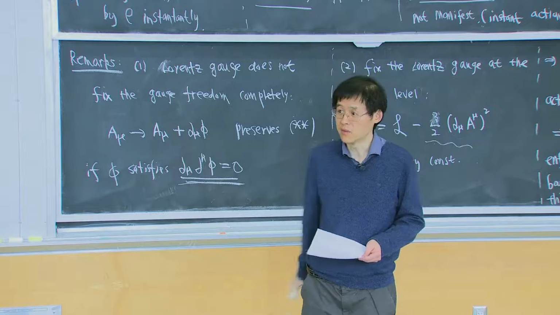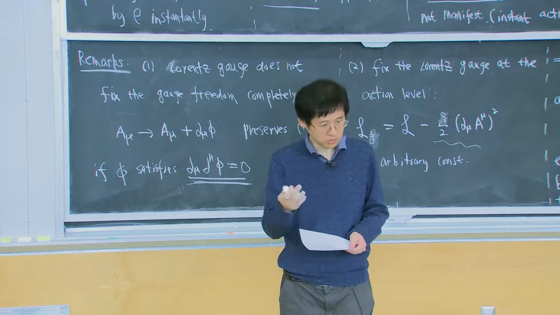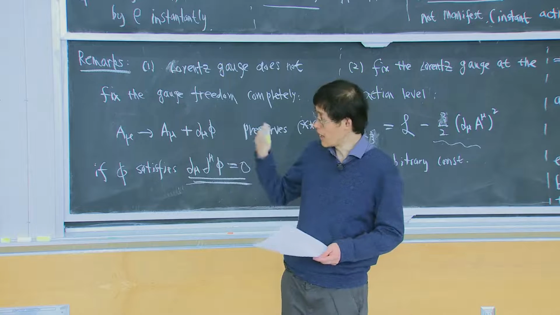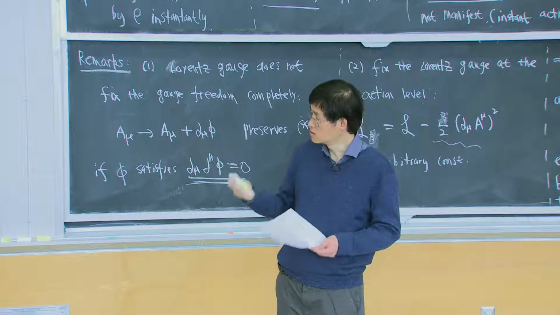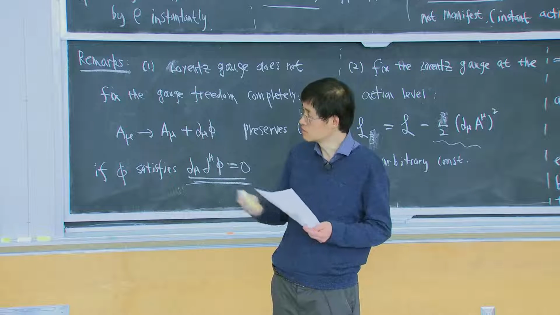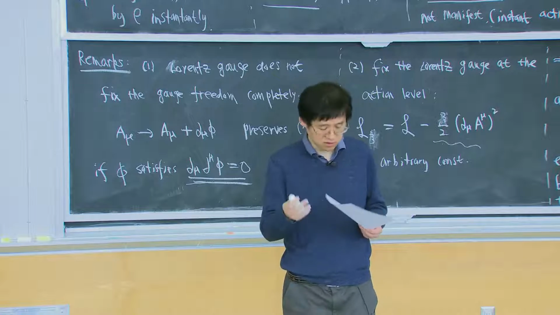The path integral is convenient for treating interactions, and the canonical approach is convenient for understanding what the physical degrees of freedom are, to understand what's going on physically.